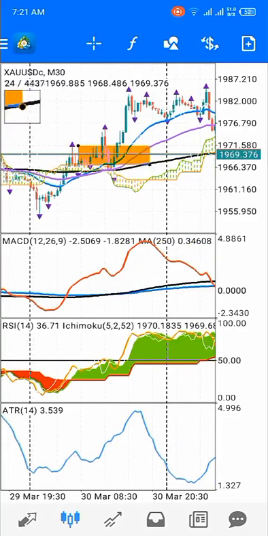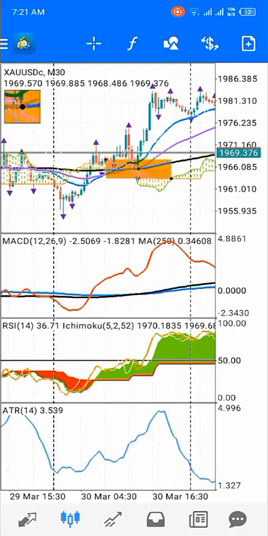Price is developing above all indicators, and that's the point where you get to buy, where you see price forming higher highs above the fractal point. That's when you place your buy order.